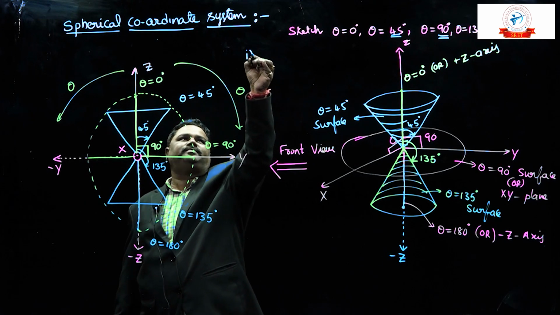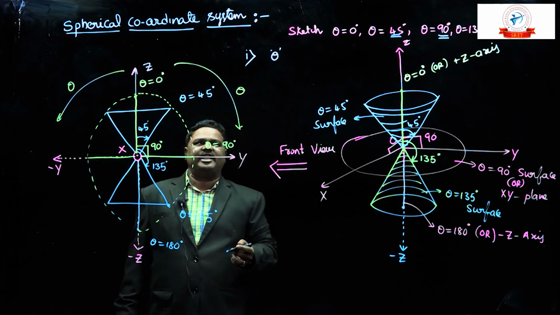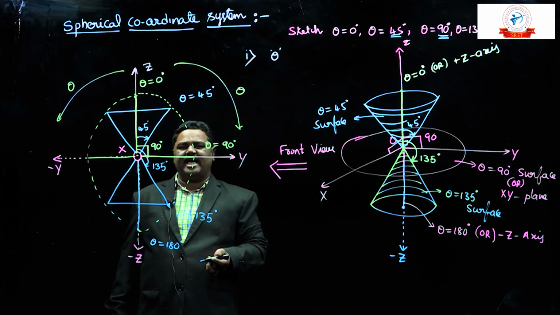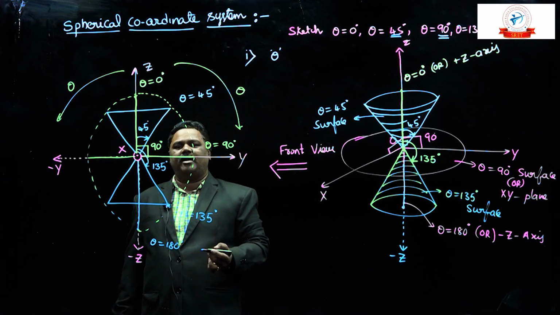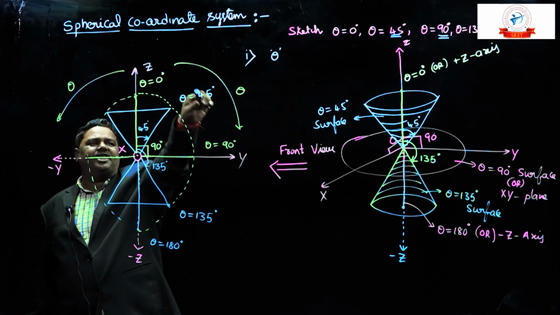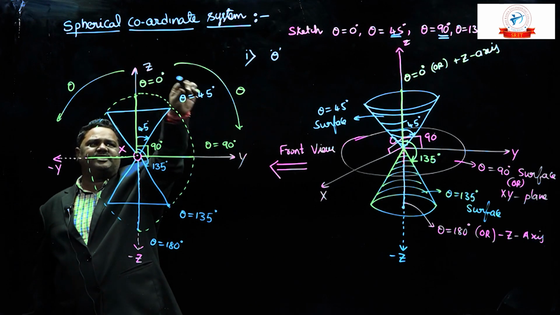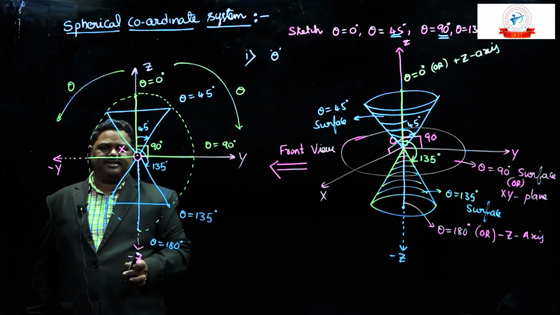First point, what is theta? You know that theta is an angle. Here, theta is an angle means we should exactly define whether theta is a vertical angle or a horizontal angle. You can observe here, it is vertically downwards when the theta value increases. So it is making a vertical angle with the z-axis.